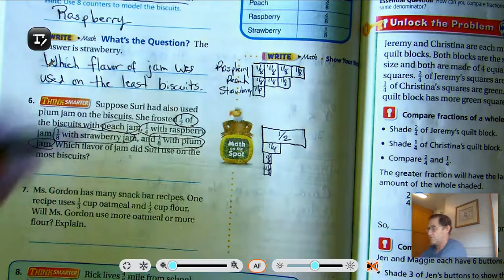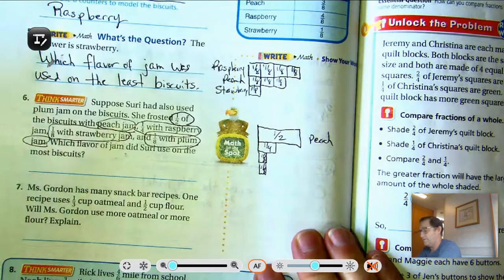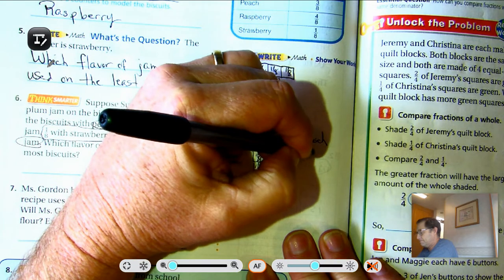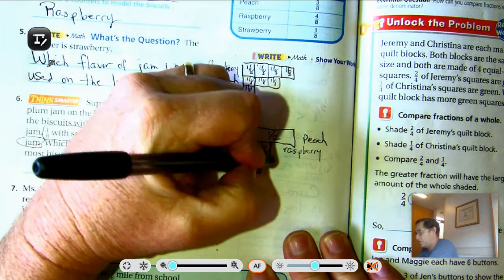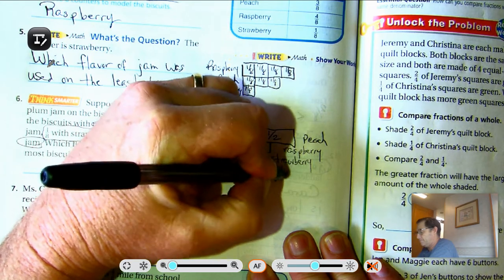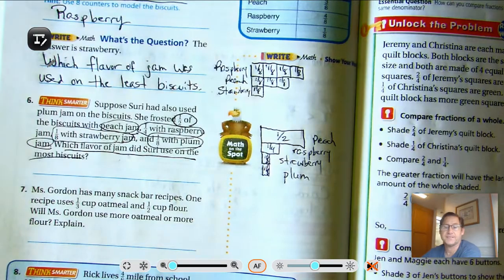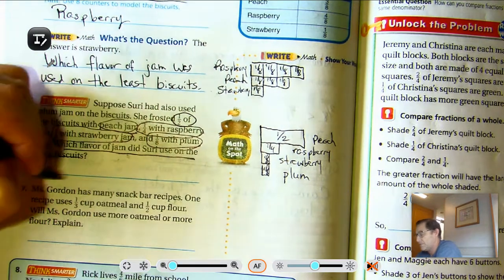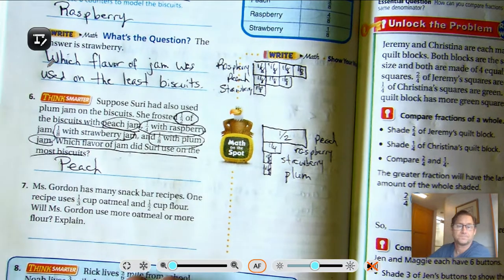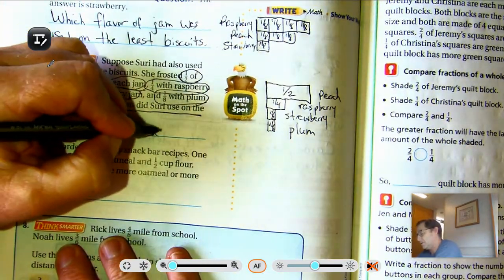All right, so the half was peach, the fourth was raspberry, and then we have the 1/8 being strawberry and plum. All right, which flavor did she use on the most biscuits? Peach was used on the most biscuits.